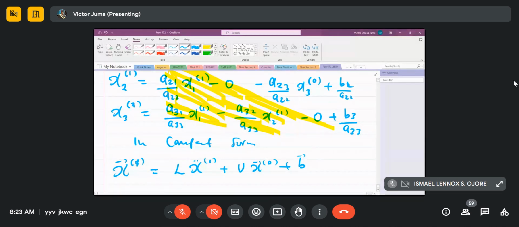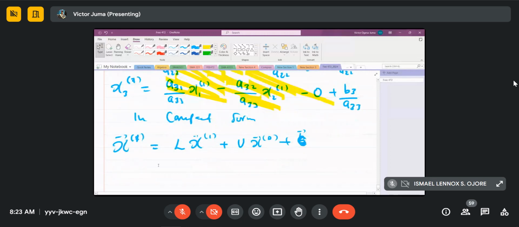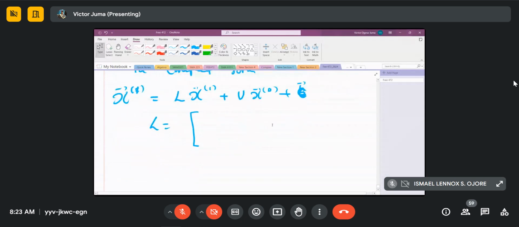Let me just call this vector c. You remember, for example, like this, where L, what is L? L is just the lower triangular matrix with diagonal elements being 0. So that's 0. Everything here is zeros. And then this is a21 over a22. That is a31 over a33. And then I have 0. This is 0. And then a32 over a33.